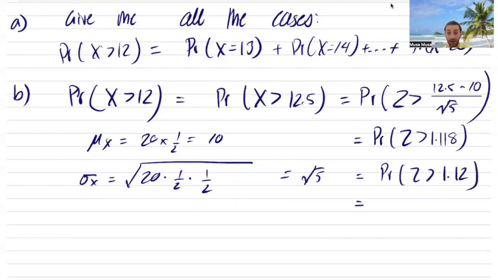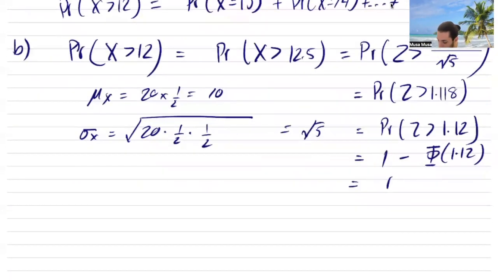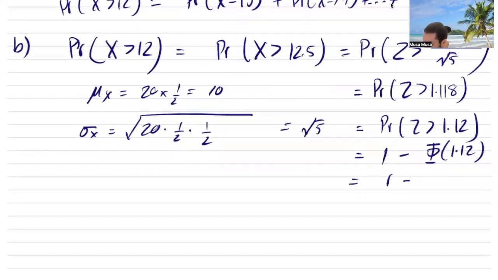Nice. Now, I think that table only goes to 2 decimal places, so this is the same as the probability that Z is greater than 1.12. Of course, we don't have tables for greater than. All of our Z-score tables are for less than because they're cumulative. So this is the same as 1 minus that. Where is 1.12?